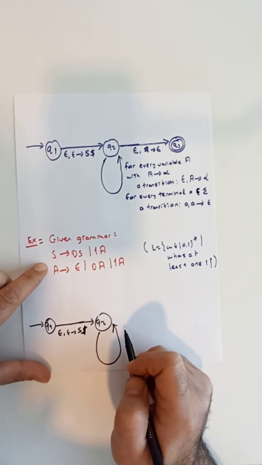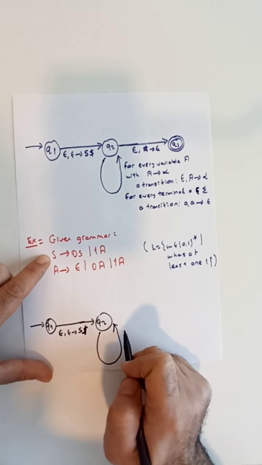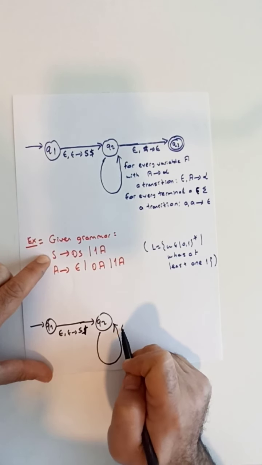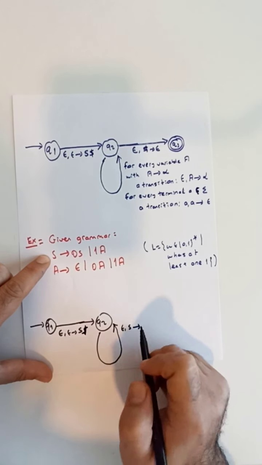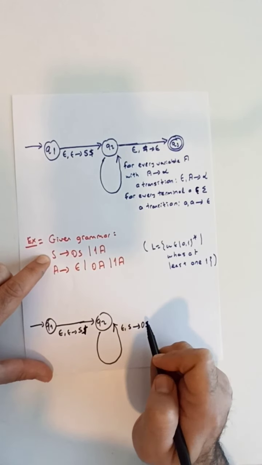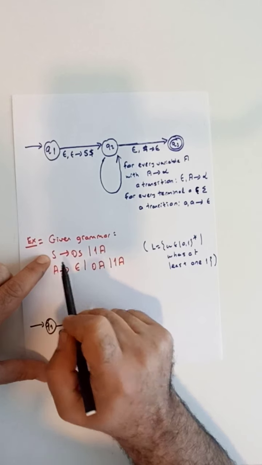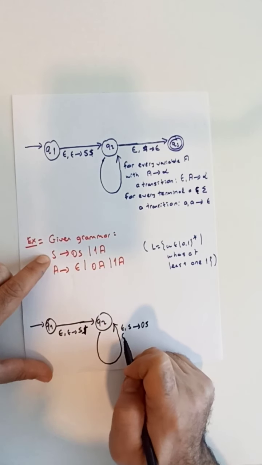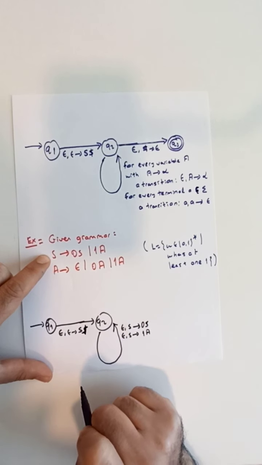S may expand to 0S. Corresponding to this rule, we will write a transition of the following form: epsilon, S, and onto the stack push 0S. This is one transition corresponding to this rule. Corresponding to the second rule, S goes to 1A: epsilon, S, and onto the stack push 1A.